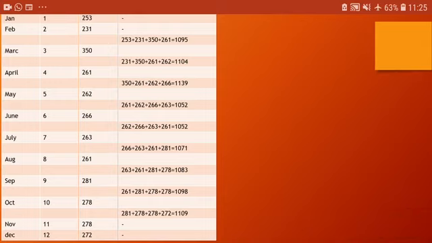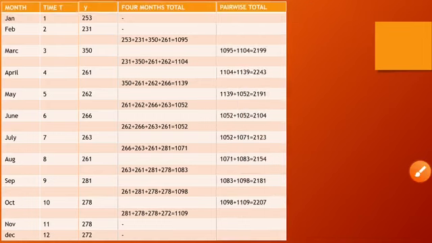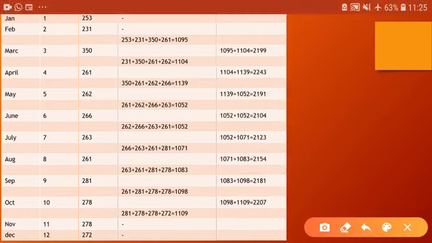Now what you need to do is the pairwise total. How, sir? See, 1095 plus 1104. This pairwise total is opposite to March, then opposite to April: 1104 plus 1139. So 1095 and 1104 is 2199.